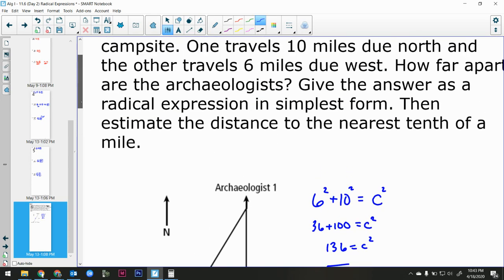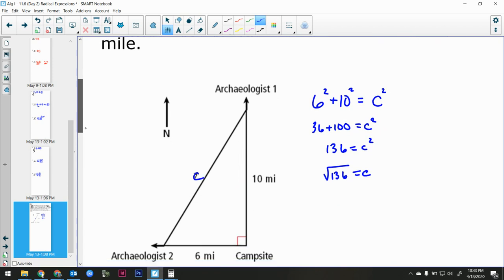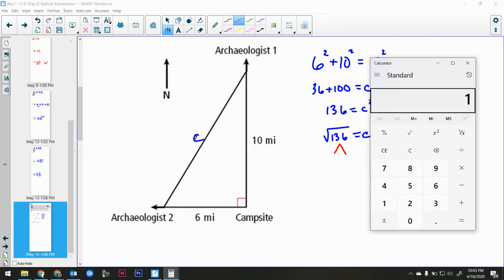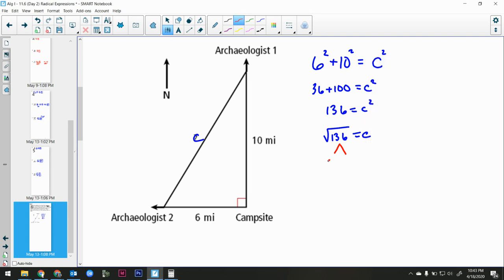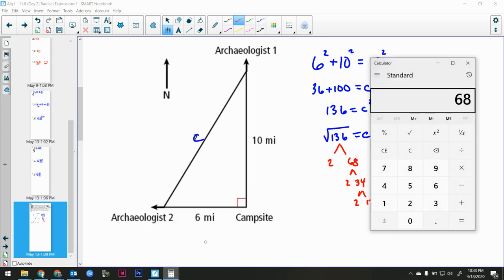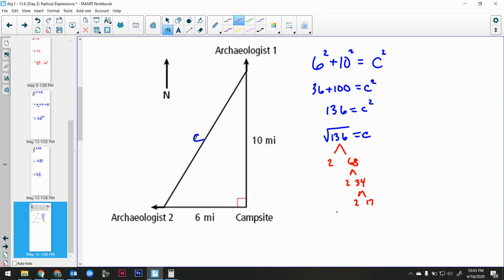Okay, so now it says, give the answer as a radical expression in simplest form. Now, does that divide out? When it's a weird number like this, I like to do the factor tree method, so let's do that. Let's find 136. 136 divided by 2 gives me 68. 2 and 68. 2 and 34. I think that's 2 and 17. Let me check on that, though. Divide by 2, divide by 2, yeah. And I think 17 is prime.